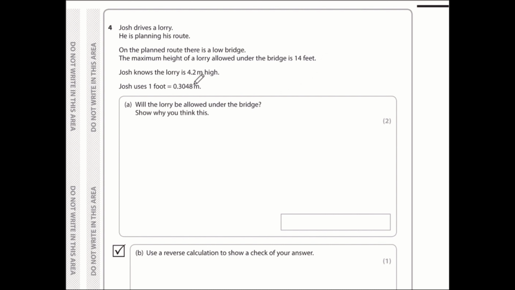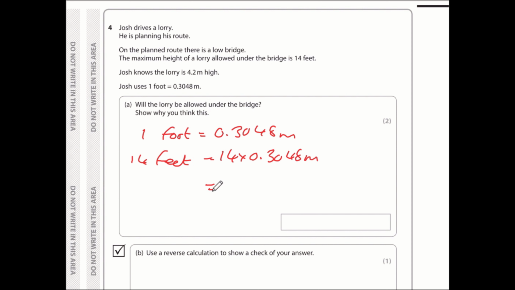Given that we've got feet to metres here, we know that if 1 foot is 0.3048 metres, then 14 feet is going to be 14 times 0.3048 metres, which is 4.2672. 4.2672 is greater than 4.2, so Josh is okay. He can get his lorry under the bridge.